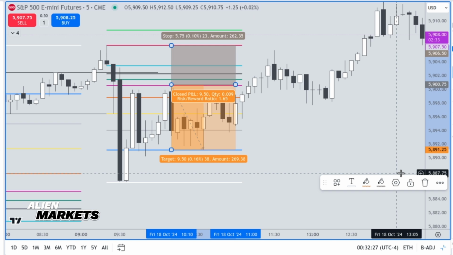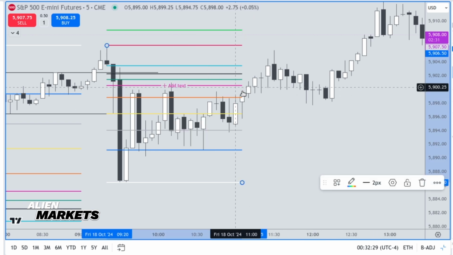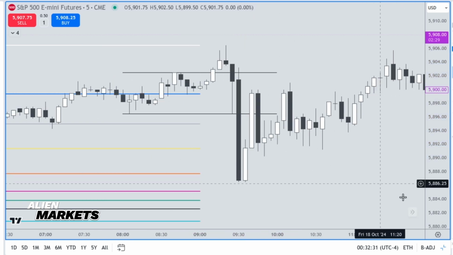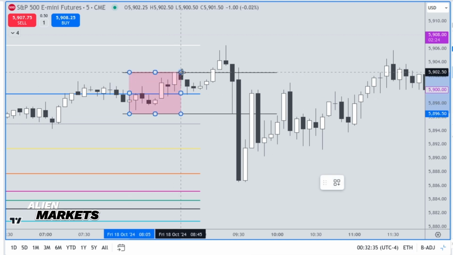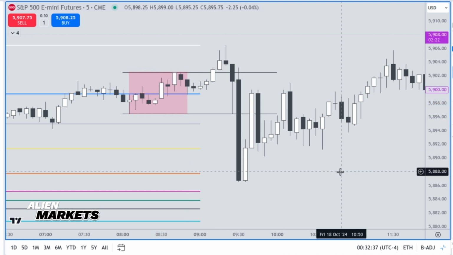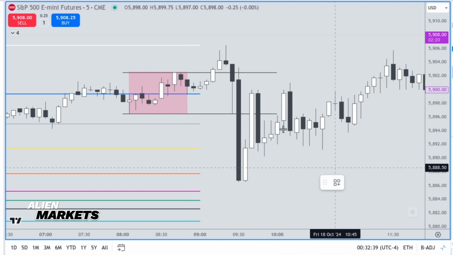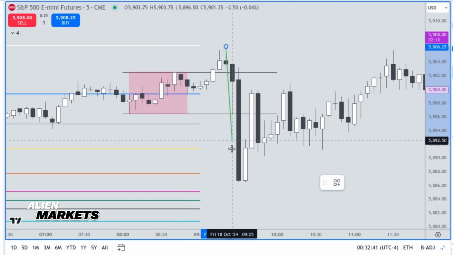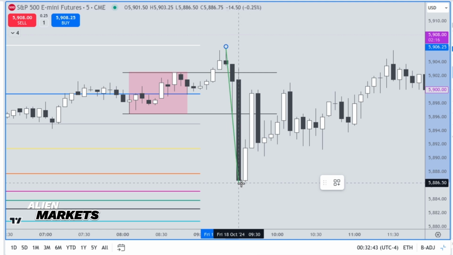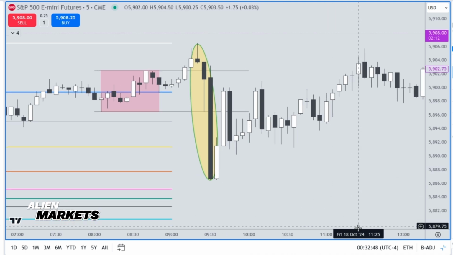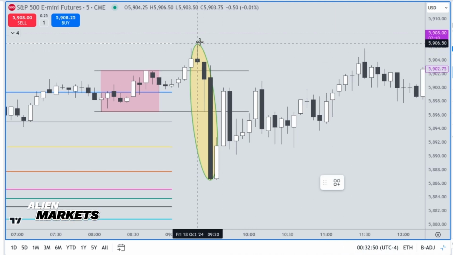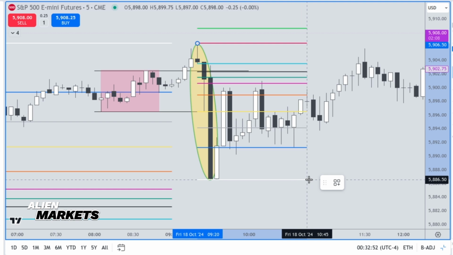This is my outside bar SBS model, right? We have this candle, then we have an outside bar right here, and then we may draw a retracement.